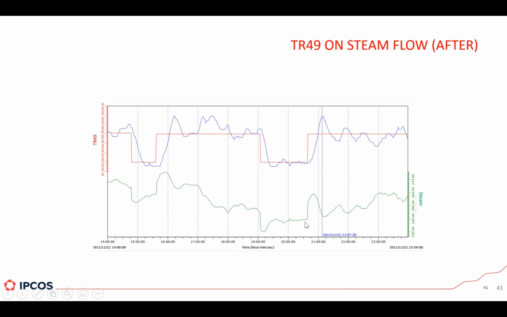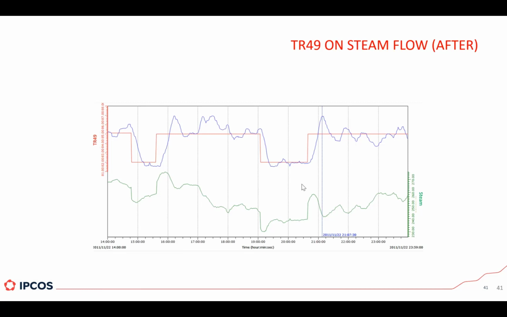Obviously, tuning a PID loop with a dead time is not easy, and depending on how long the dead time is, it can actually become impossible. But in this case, dead time was not that long that you could not somehow find a set of PID parameters that allow you to do the control.